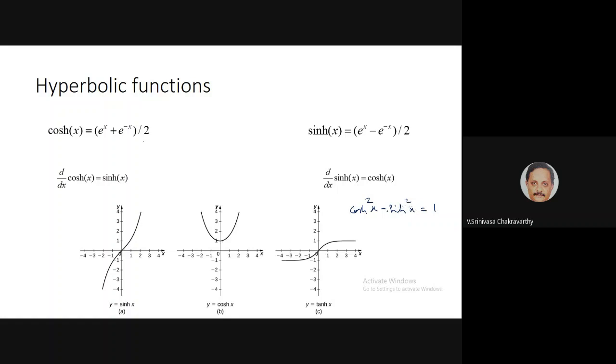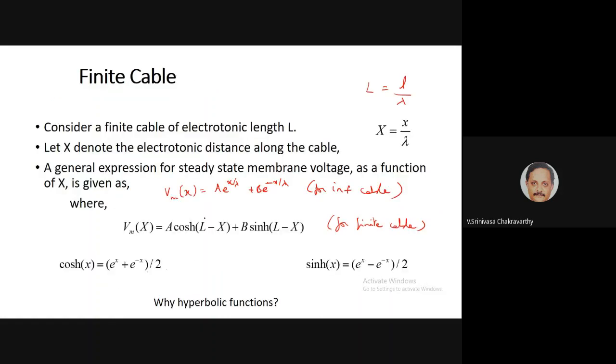Okay, so some basic results of this. So the thing is here, sin x and sin hx is 0 at 0, right? And you need that kind of a result because when you have a finite cable, sometimes you might have a boundary condition. So this is the input. Current is injected here, Ix, and there's some voltage here, V0. It can so happen that the voltage at the other end is 0 or current at the other end is 0.